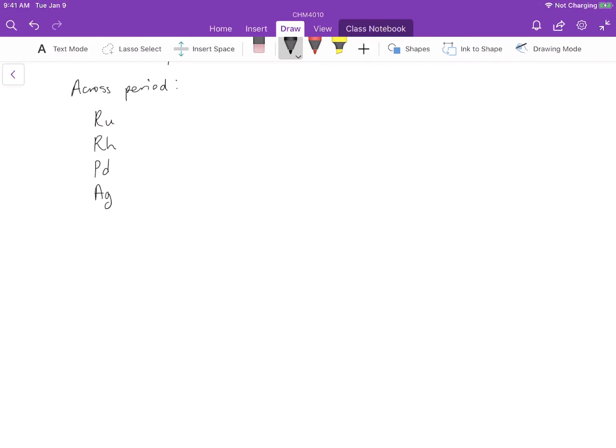Again, if you're not familiar with symbols for the periodic table, definitely spend a little bit of time familiarizing yourselves. If we look at our ionization energy in electron volts, for ruthenium it's 7.36, then we go to 7.46, 8.33, but then for silver we go back down.